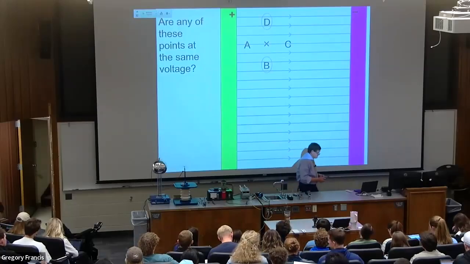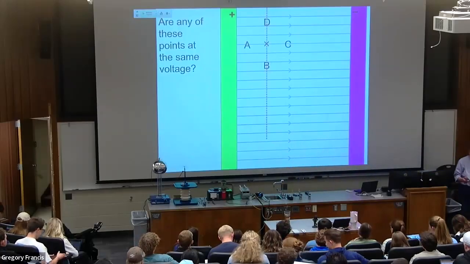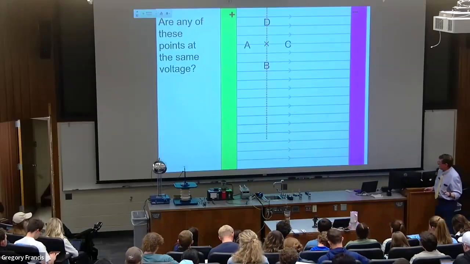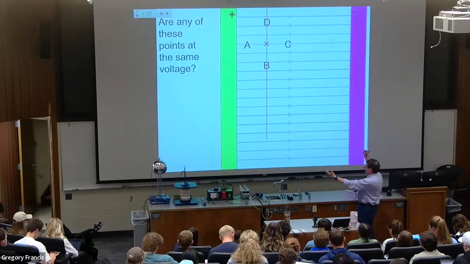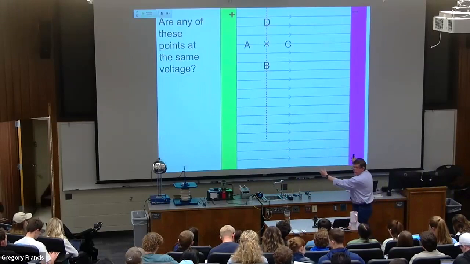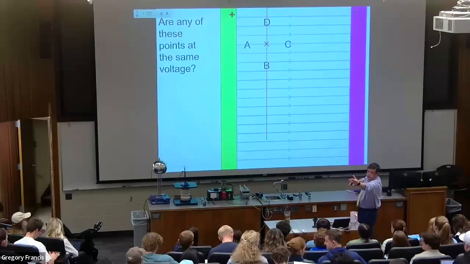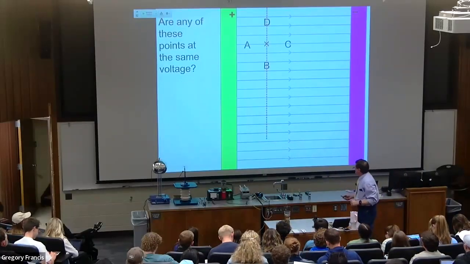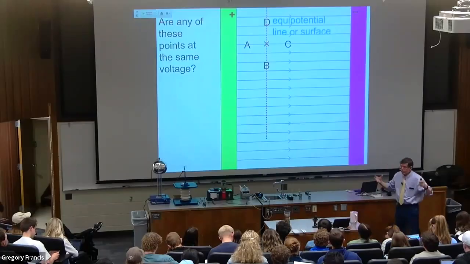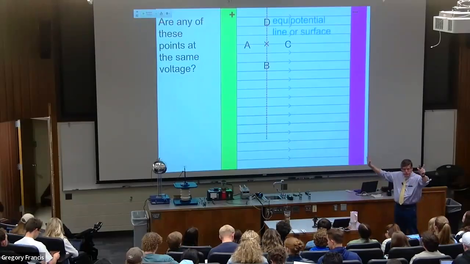Now, we can define a whole line of points, or we could recognize that this picture on this flat screen really represents a three-dimensional situation where we've got a plate coming out into the room, positive on the left and negative on the right. In that way of looking at things, this would be a whole surface of points that all have the same voltage.